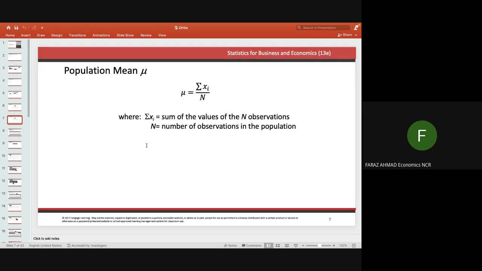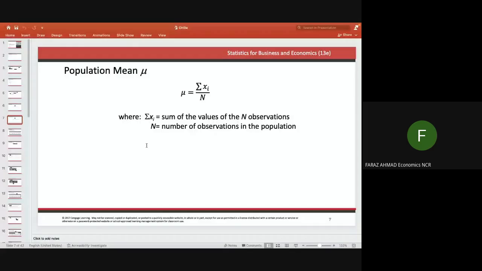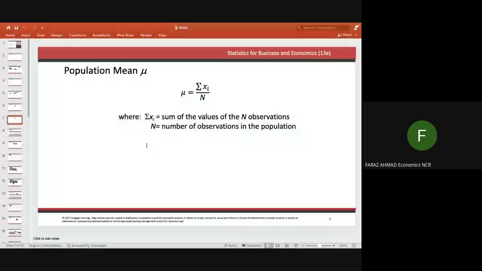If we add all those values and divide by the population size, capital N, what we get is the population mean. Generally, we don't have access to all the observations on a variable in a population, but what we have is a sample, so we cannot normally compute population mean mu. But it can be computed if we have all the data.